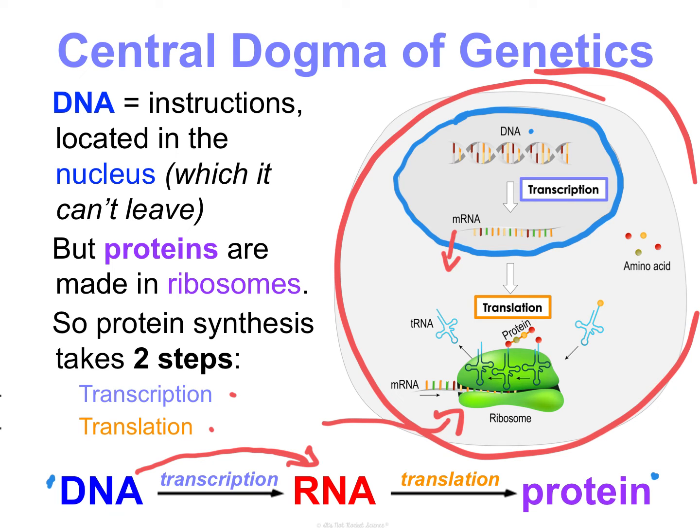And then once that RNA is inside of the cell, finds a ribosome, we're going to translate that into a protein. And if you remember, the ribosomes, they are on the rough endoplasmic reticulum, and they're also floating in the cytoplasm. So there's two different locations at which that mRNA can be translated into a protein.